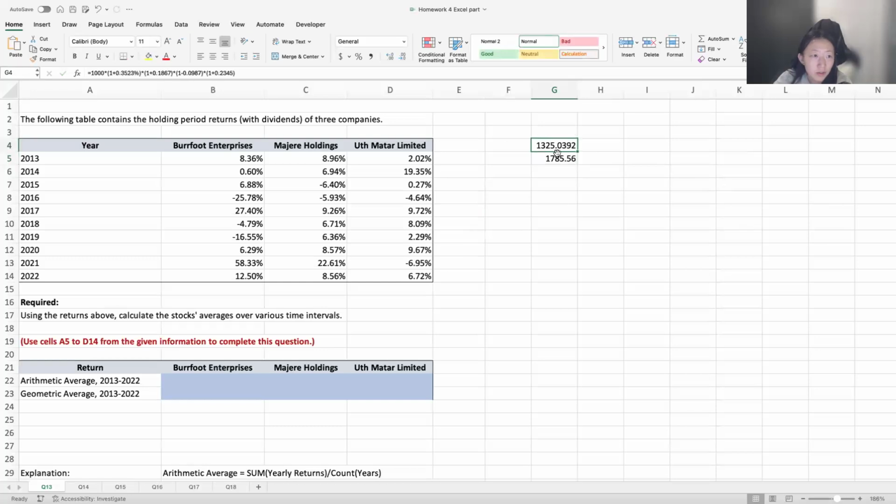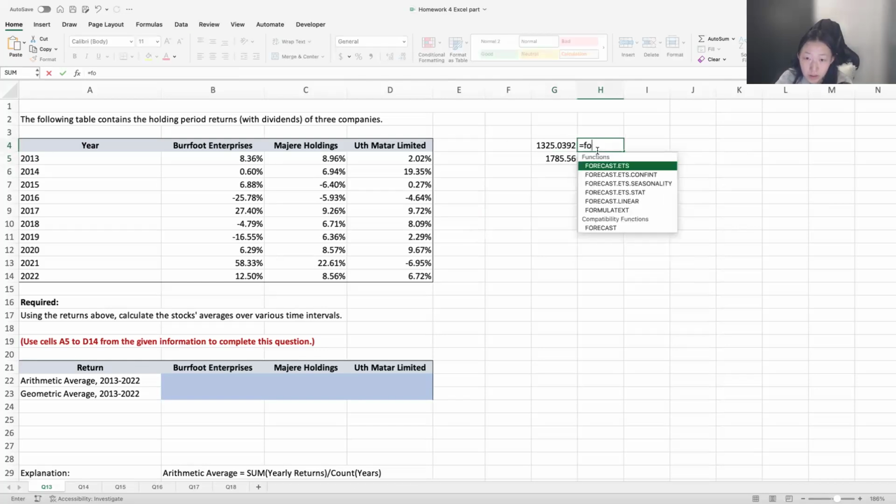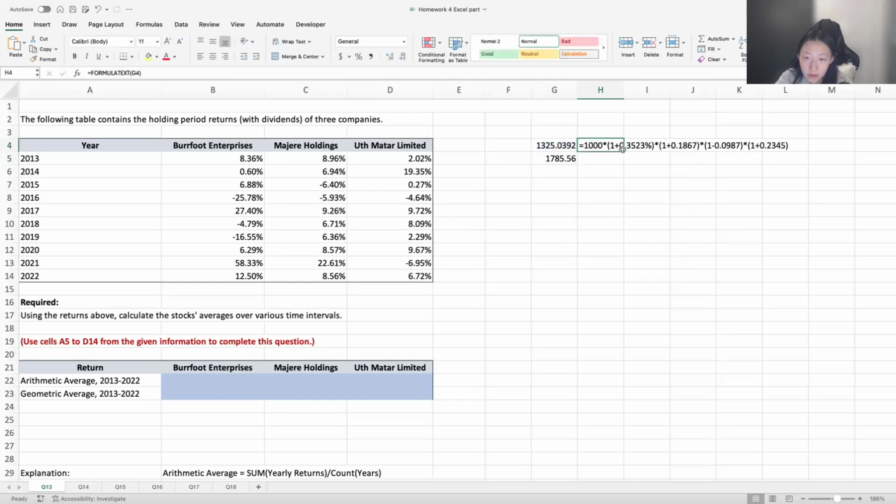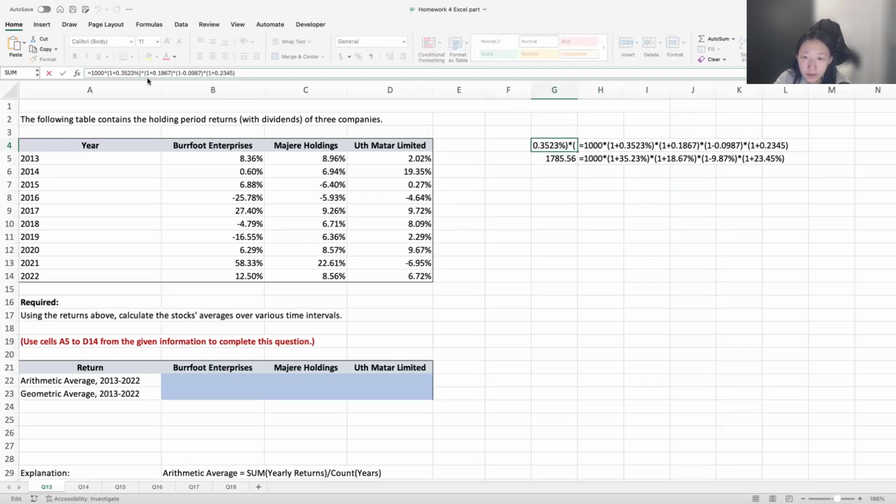So what's wrong with this formula? Oh, I see. My error is that I should get rid of this percentage here.